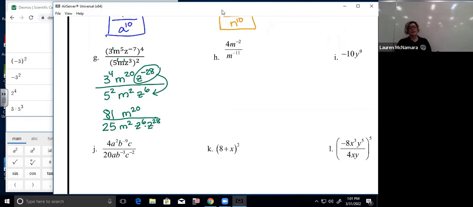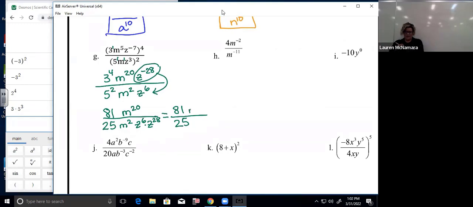Now I'm simplifying. I'm looking for common bases and what I need to do with those common bases. My 81 and my 25, nothing's going to happen with those. So I have 81 in my numerator, 25 in my denominator. Where's my highest exponent of m? On the top.